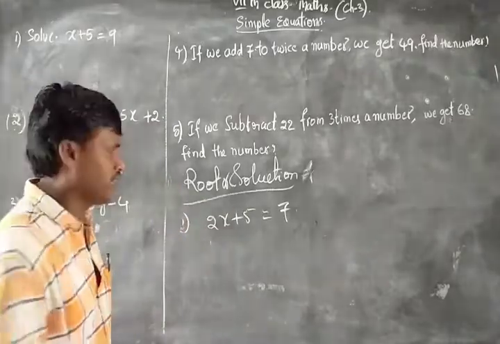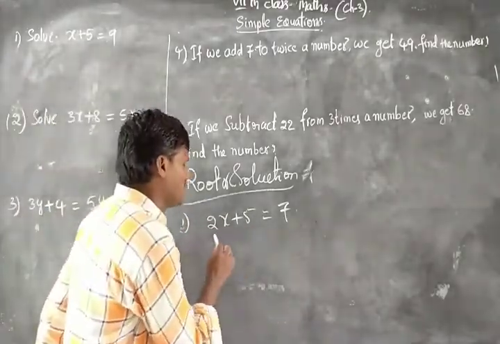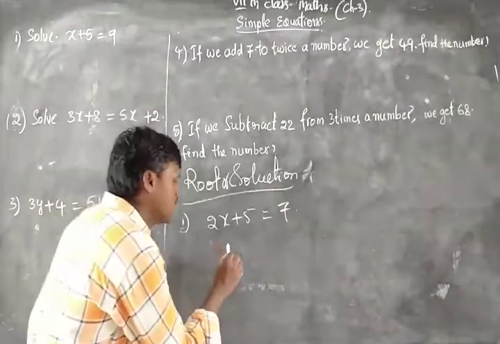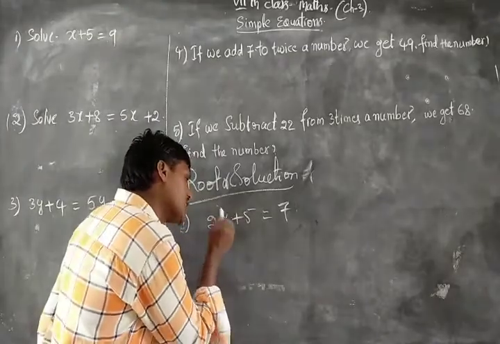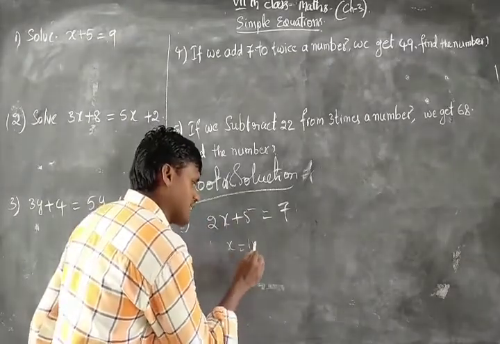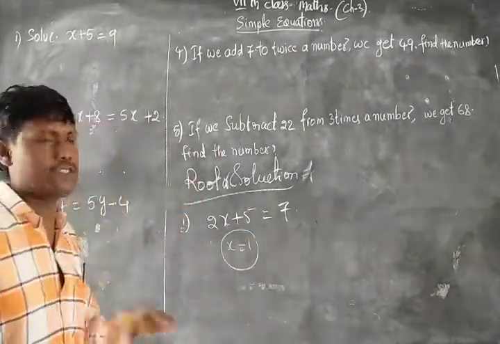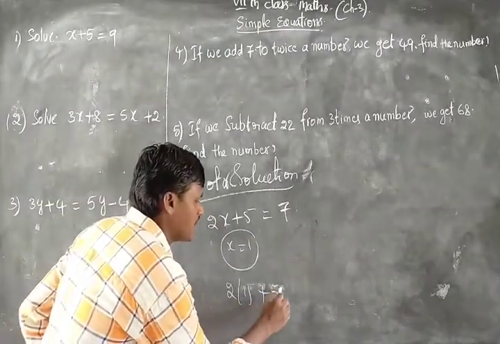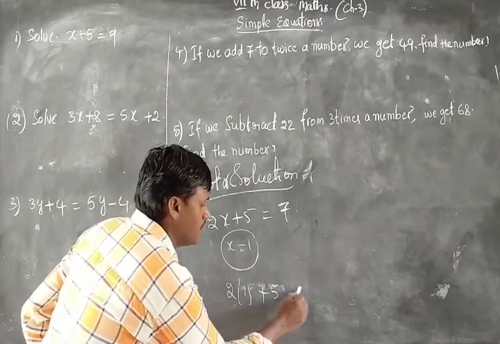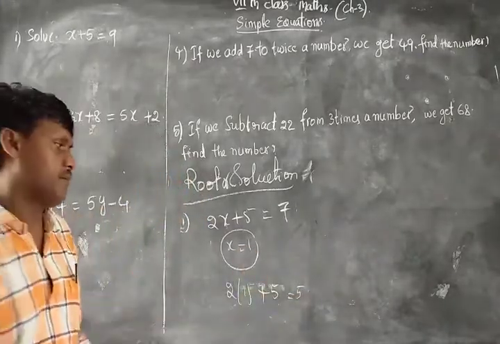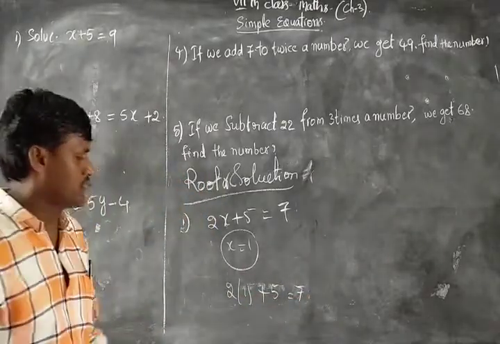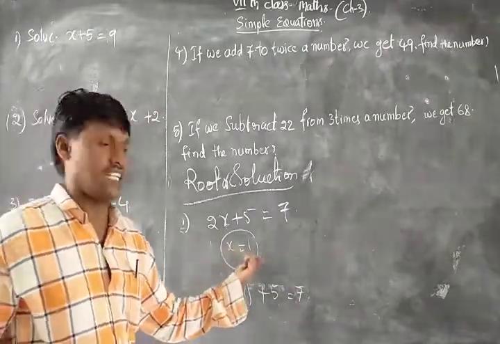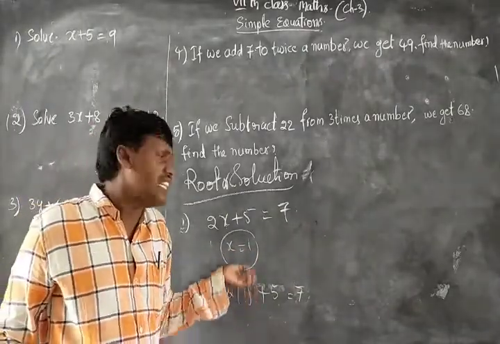For example, LHS is 2x plus 5, and then RHS is 7. When you substitute x equal to 1, how will you write that? 2 into 1 plus 5, 2 plus 5, then we will get 7. So what do you observe? Finally we got LHS equal to RHS. So in this condition, x equal to 1 is the solution or root of the equation.